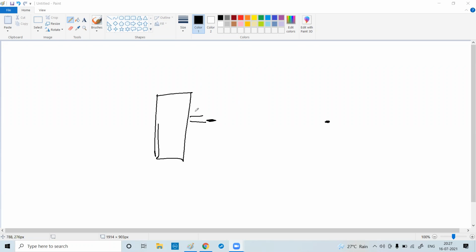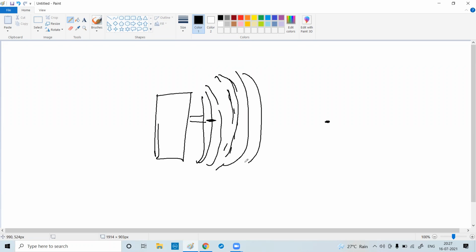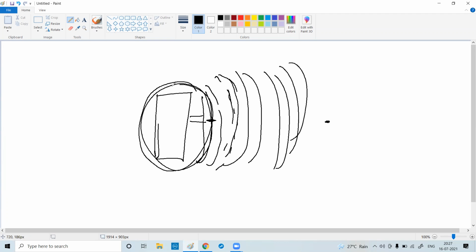Why? Because the magnetic field will have a range. This range will be very strong up to a certain distance. More than that, it becomes weaker and weaker. So near the magnet there is a range, that means it can pull objects up to a certain level.